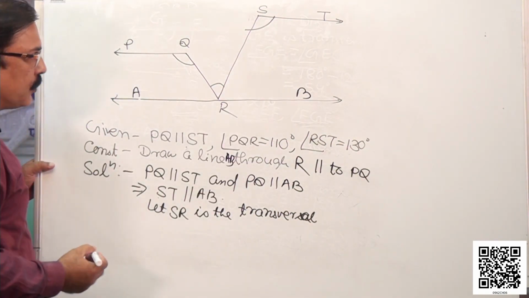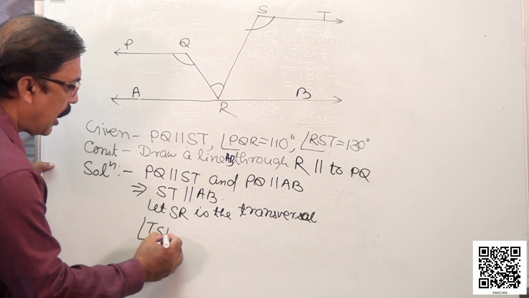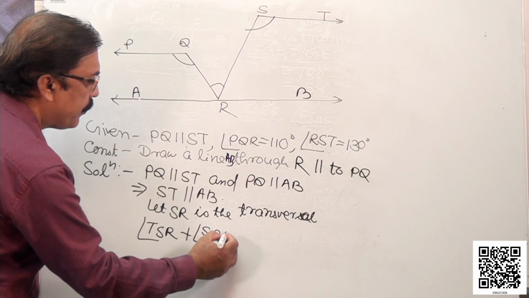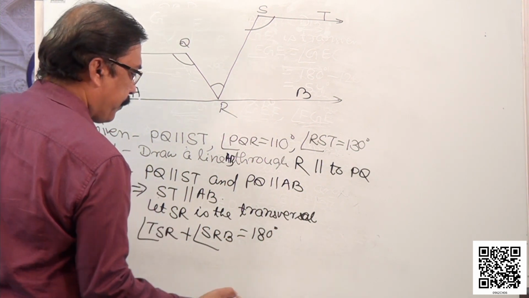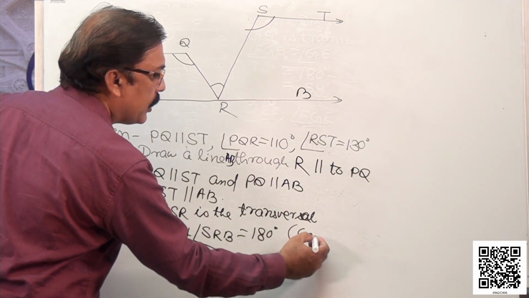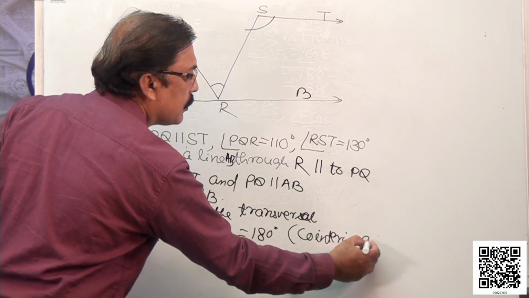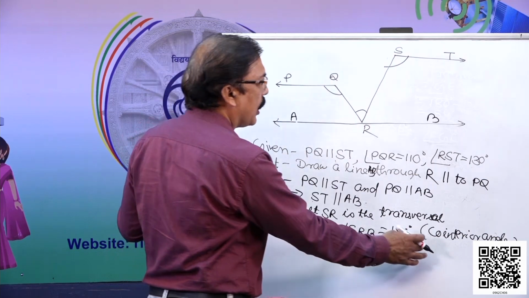From this we get angle TSR plus angle SRB equal to 180 degree as co-interior angles. These two are co-interior angles.